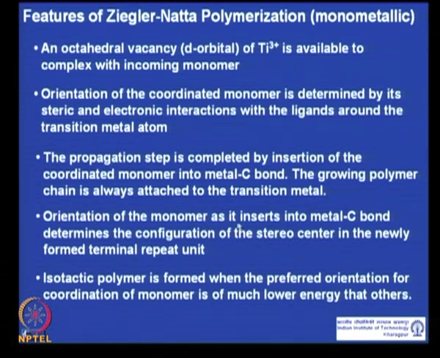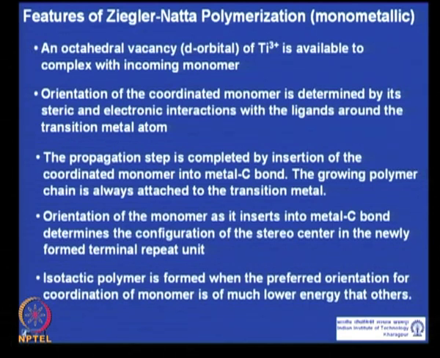Now, the orientation of the monomer as it inserts into the metal carbon bond determines the configuration of the stereo center in the newly formed terminal unit. That is obvious. The orientation of the monomer when it gets complexed and inserted determines the stereo center, whether it will be isotactic or syndiotactic. Isotactic polymer is always formed when one orientation for coordination is much preferred over the others.